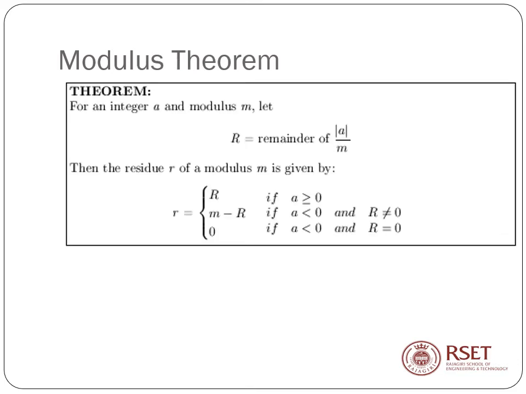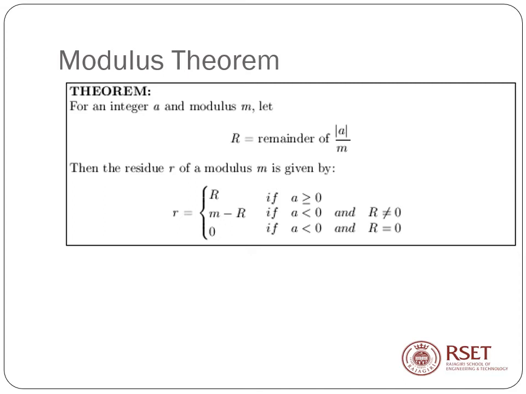This is a modulus theorem, which we'll be using as we proceed further. For an integer A and modulus M, let R be the remainder of A by M. Then the residue of A modulus M is given by R if A is greater than or equal to 0.